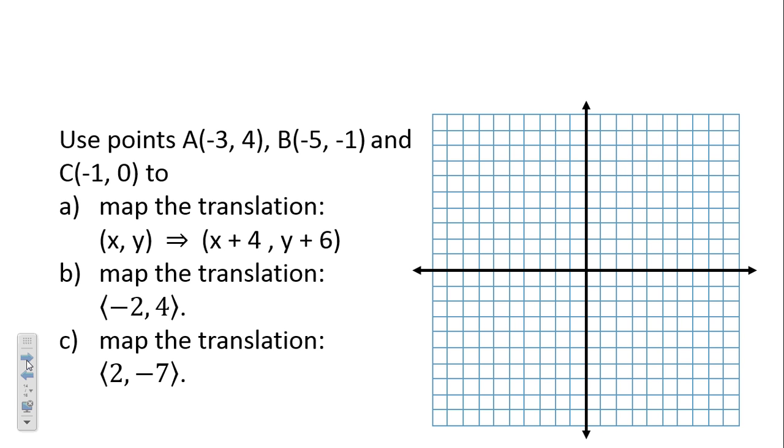So take your original A, move it left 2, up 4. Not your new one, your original. Plot that point. Call it A double prime. A with 2 tick marks up there, 2 quotes.